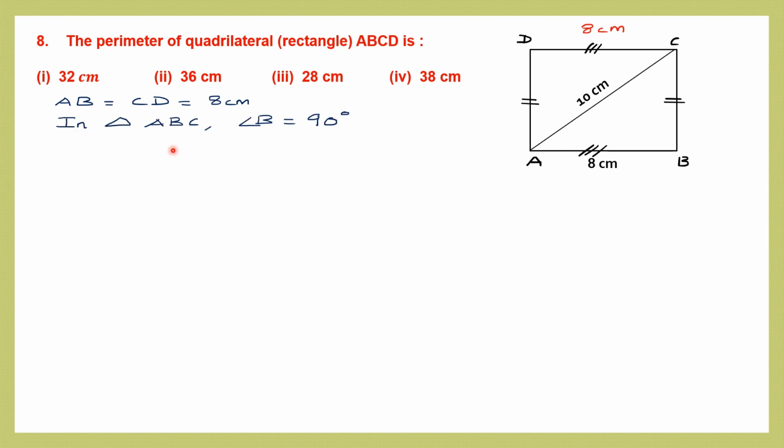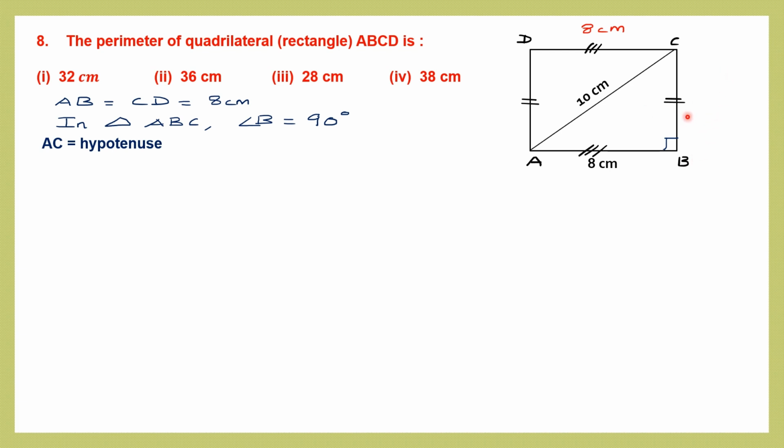That is in triangle ABC, angle B is 90 degrees. So let's mark that in the figure also. So this is 90 degrees. That means the side that is opposite the 90 degrees is AC, and that is the hypotenuse. So hypotenuse is AC. Now we need to find this side, that is side BC.